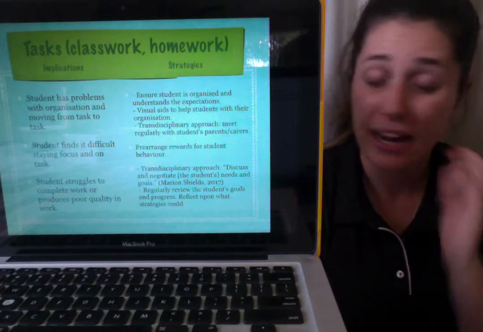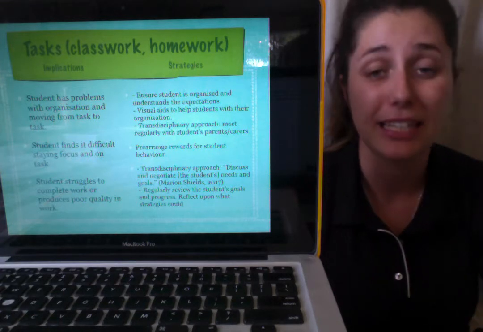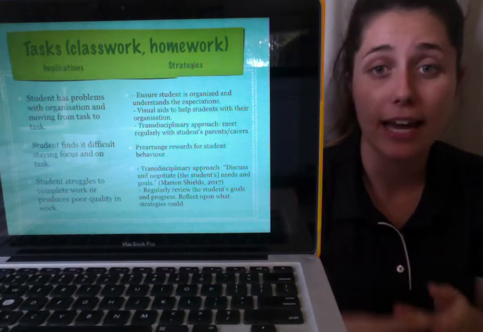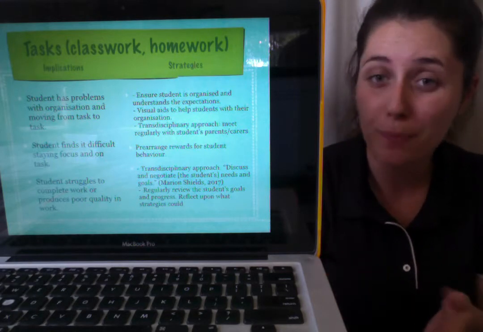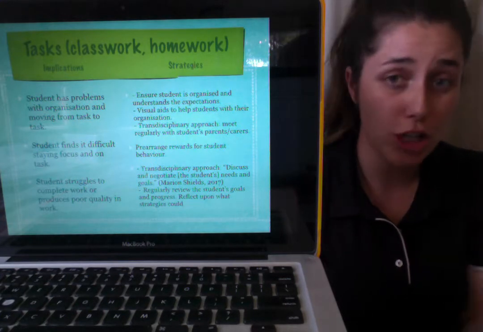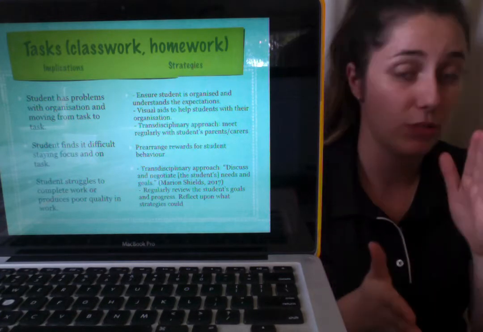We are keeping the parents involved, and I'll talk about that a little later. We keep a daily diary so that parents or carers know what's going on, and the student knows where they're at and what's required of them next.